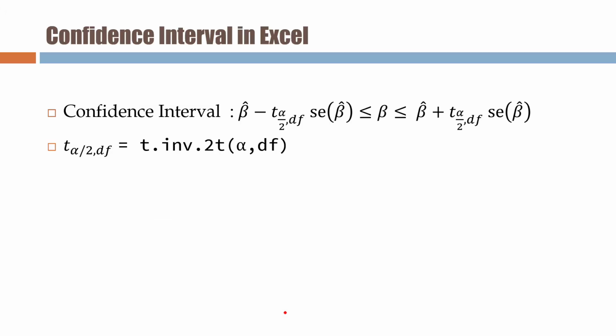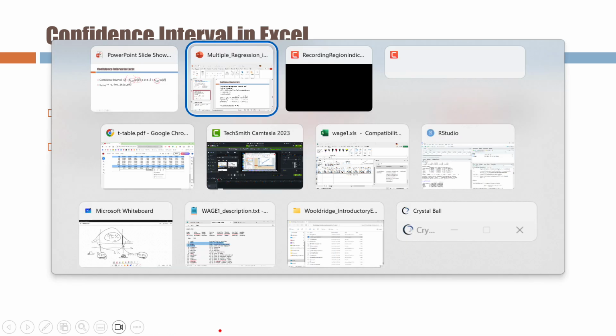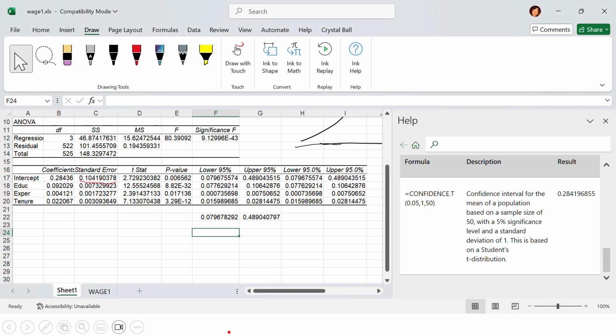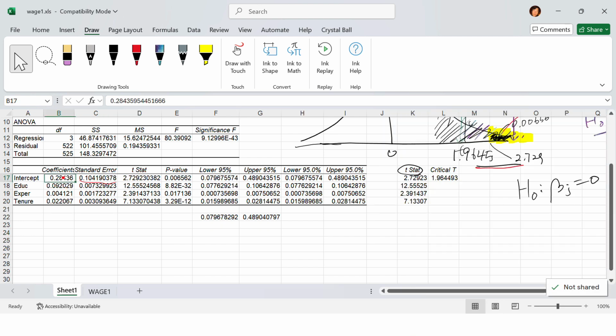If you want to find the confidence interval in Excel, then you have to find the critical t. You can get beta and the standard error of beta from the regression results. From here, you can find the coefficient, which is beta hat j, and this is the standard error of beta hat.